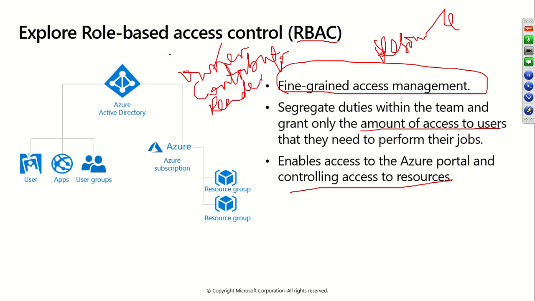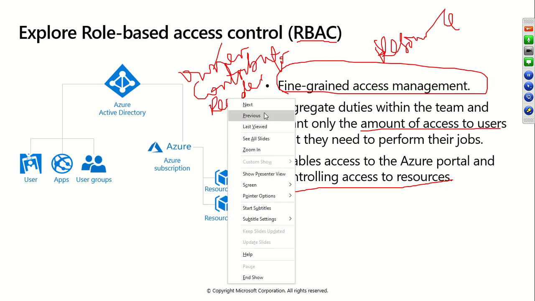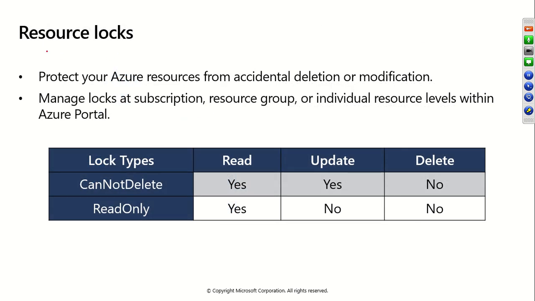Those are the three major role-based access control roles. And then you can now have a blob owner, a blob contributor. That's a storage blob owner, storage blob contributor, a storage file owner, a storage file contributor or reader, as the case may be.